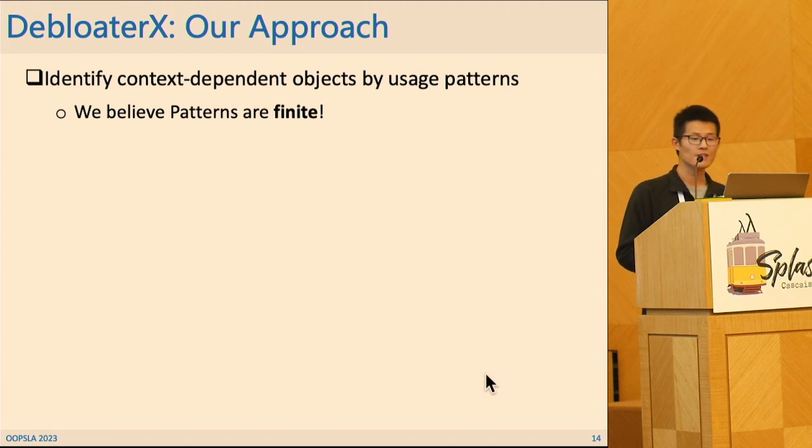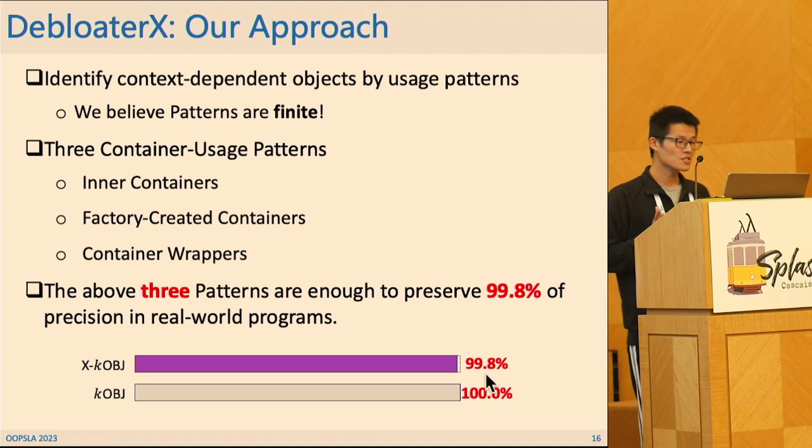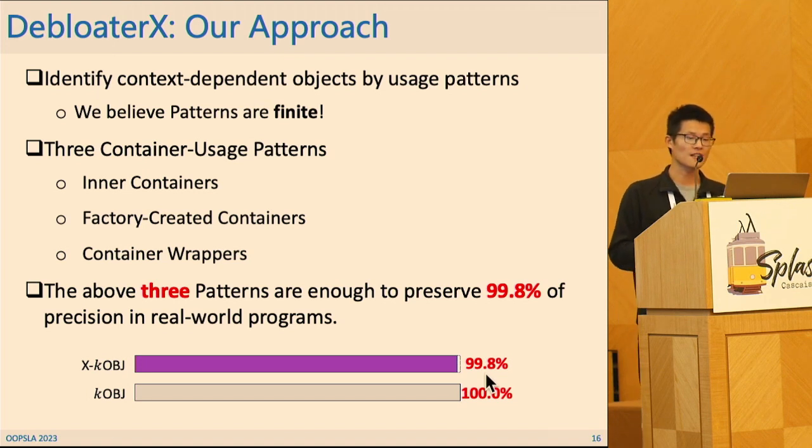We believe that the usage patterns of context-dependent objects in real code are finite, and we have summarized the following three patterns. I will introduce these patterns later. And our evaluation shows that the three patterns are enough to preserve 99.8% of precision in real-world programs.